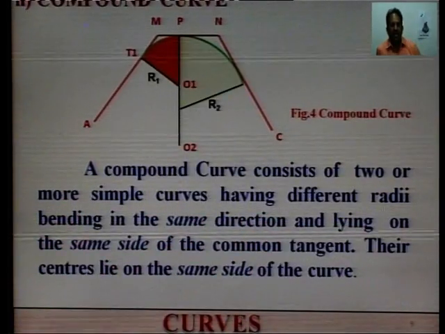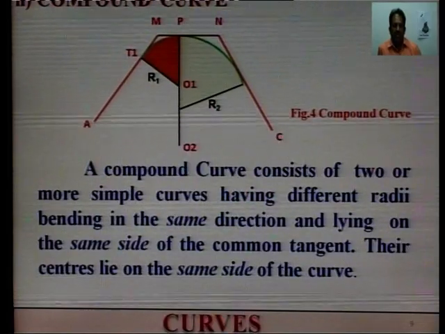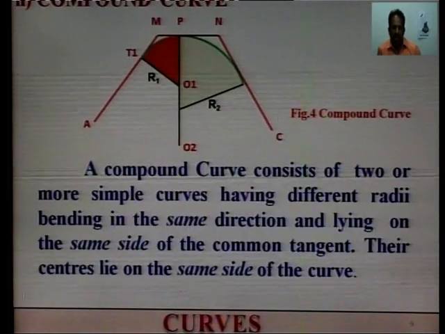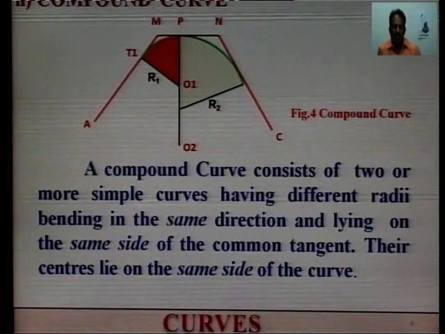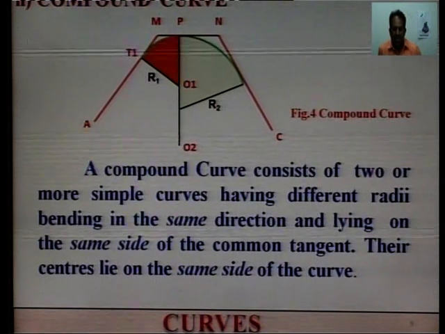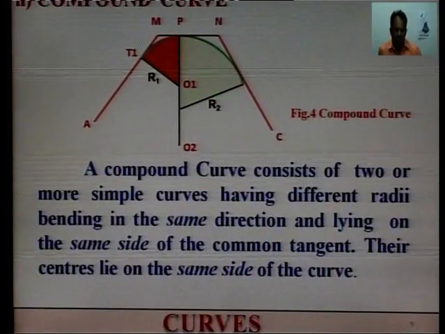Next is a compound curve. As is being shown on your screen, a compound curve consists of 2 or more simple curves having different radii, that is it has more than one radius.